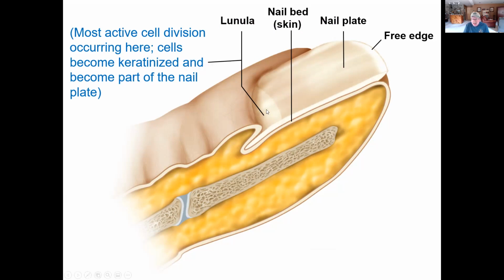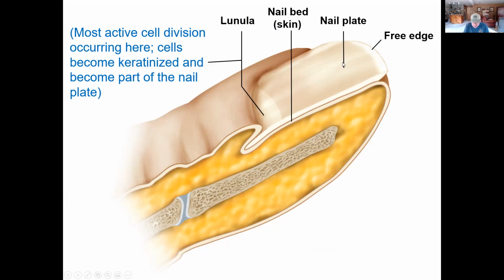And as these cells get further and further from the blood supply, which would be found at the base of the lunula, they die, they begin to acquire these keratin fibers, and eventually become part of the nail plate. Now, you know that every few weeks you need to trim your nails. That's due to the active cell division and then the ultimate keratinization and death of the cells as they get pushed away from the lunula toward the free edge. And so what this nail plate is basically doing is protecting the cells here in the nail bed, it's called.